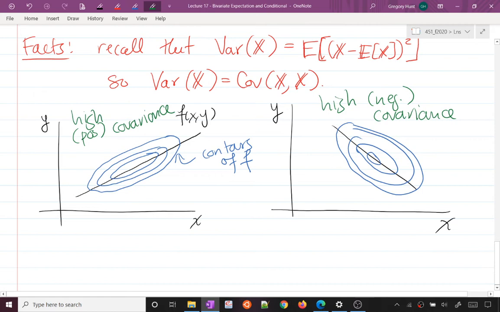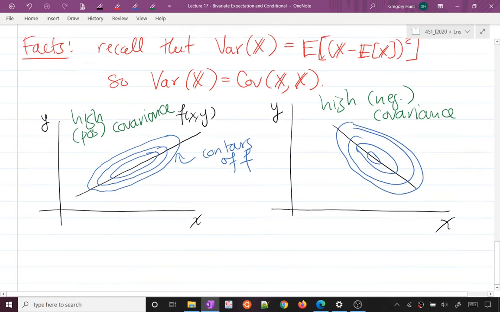And the size of the covariance is going to tell us how tightly these contour lines are packed around the line. That is, how likely is it that x and y end up being linearly related? Another way of thinking about that, though this is a little bit beyond the scope of this course, is that if you were to draw a sample, you would expect the points from x and y to fall on the line. And I think that's probably how most people think about it.